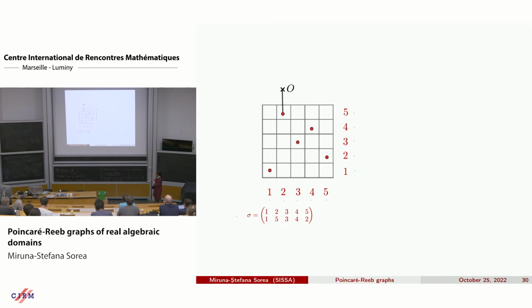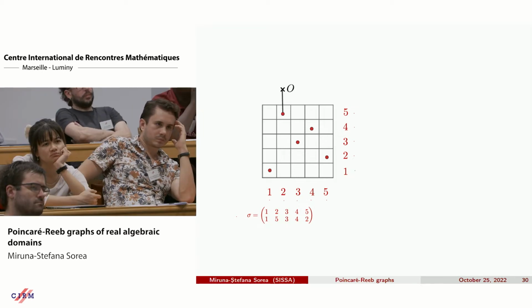Once you have a permutation, you can encode it geometrically by placing dots in a square. So if 5 goes into 2, then you place a dot in the square at 5, 2. And so you obtain a geometric encoding of permutations.